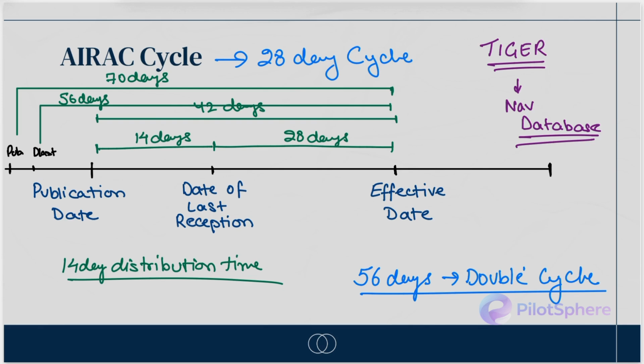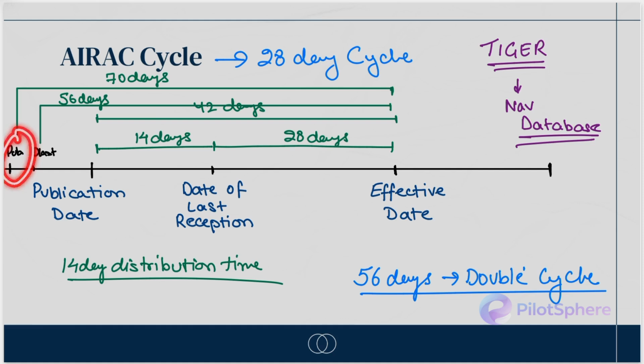Okay. And what happens in between that is that let's say this was one AIRAC cycle, one publication date, and one date of last reception. Now, similarly, for any routine or normal change, you would have from date of last reception another 28 days, which would bring you to one cycle where you have maybe routine changes following the normal 28-day cycle.